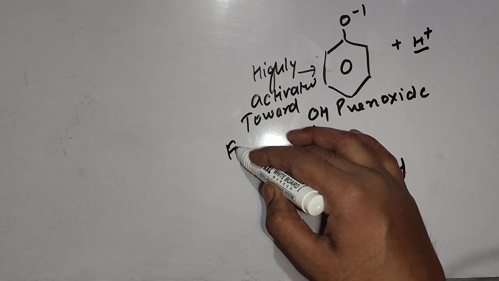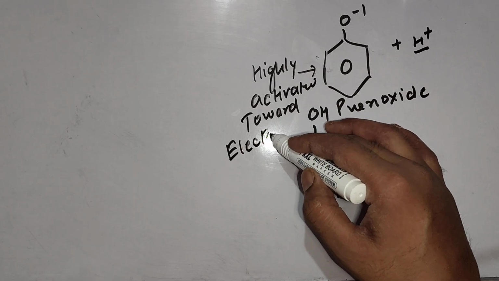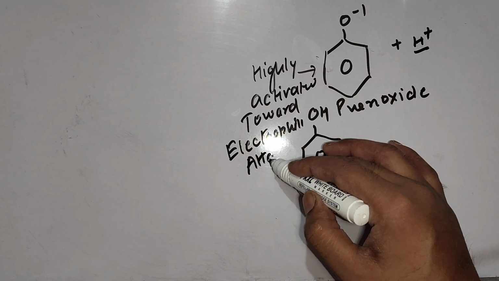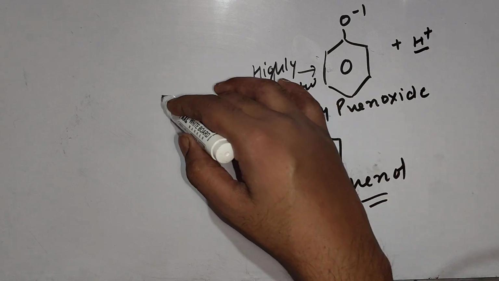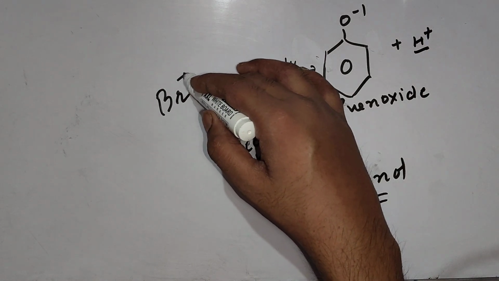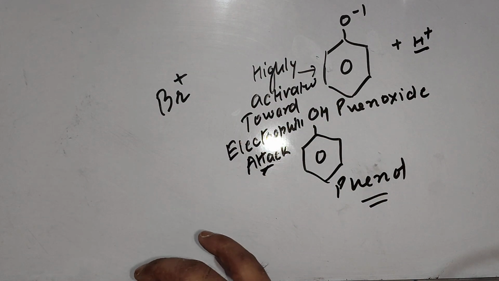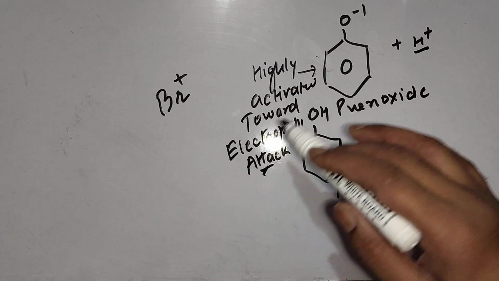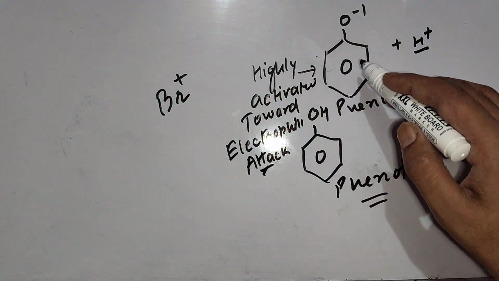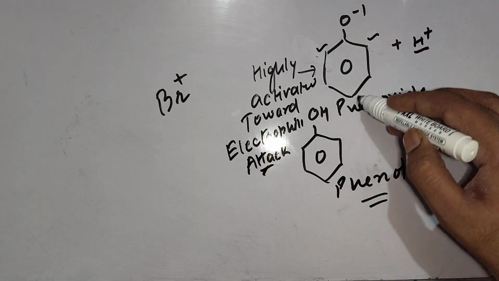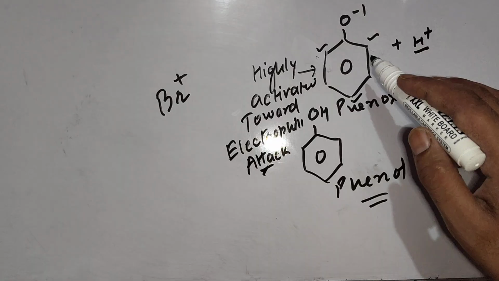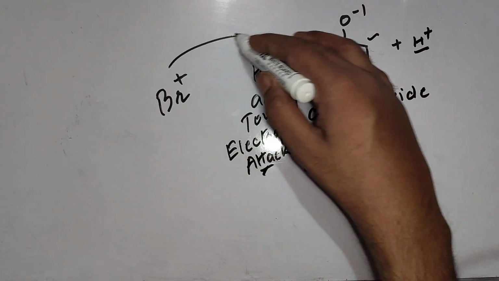Towards electrophilic attack. And who will be the electrophile here? Obviously the brominium ion, because we have to react phenol with bromine. The brominium ion is an electrophile here. Now because the ring is highly activated, and obviously which positions? Ortho and para. Due to the high activation of the benzene ring, at one time all three positions can be occupied.